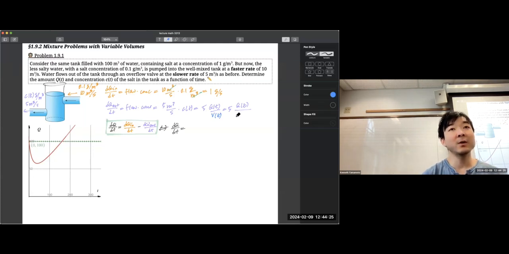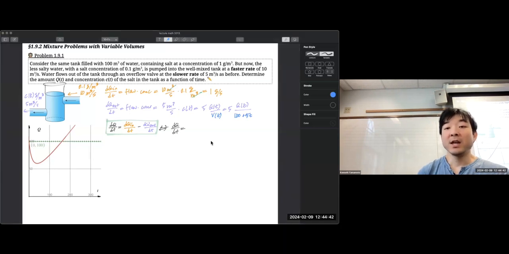So can you come up with an expression that would model volume as a function of time? Yes, good job. So that's different from before. 100 plus 5t is actually the amount of change in the volume that's going on in there. And so that's now going to be your flow out.